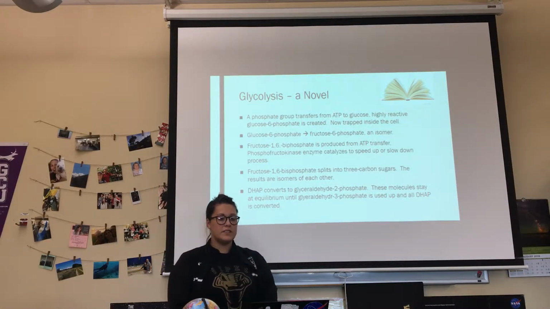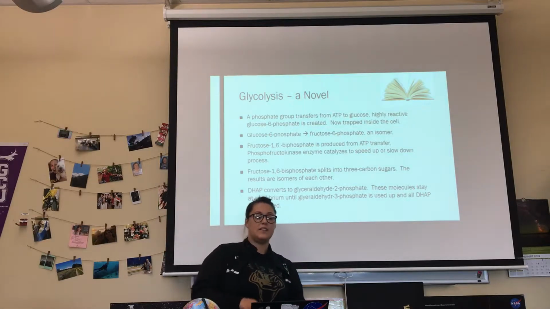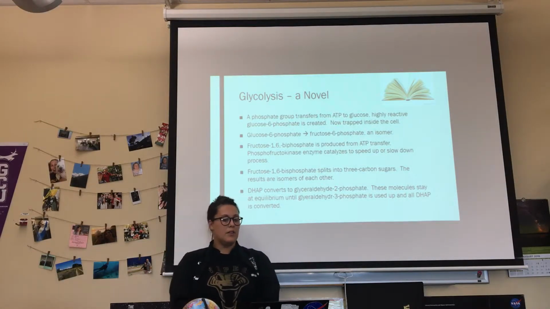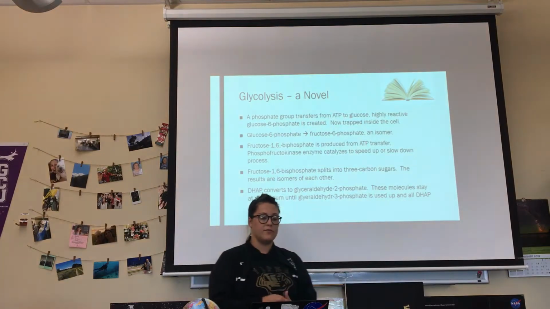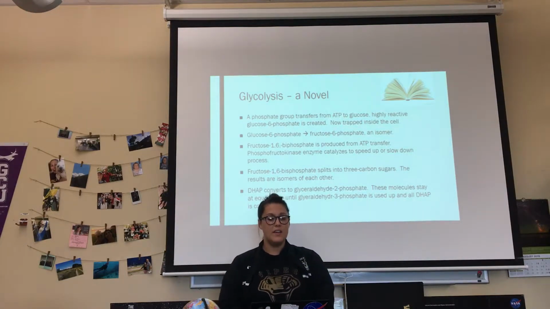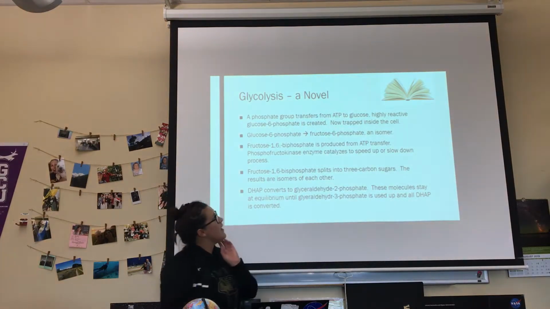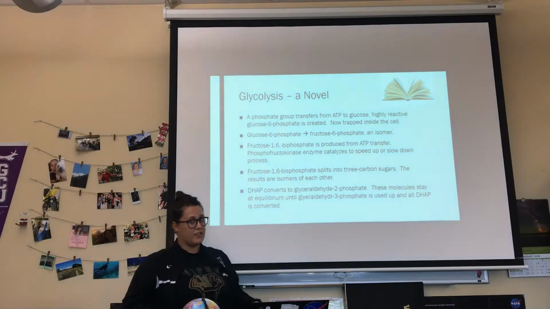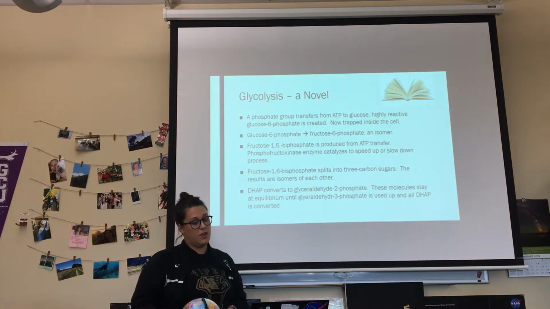Then that glucose 6-phosphate is transformed into fructose 6-phosphate, which is an isomer. So it's a little bit different, but it's very similar in structure and shape. This fructose 6-phosphate is then transformed into fructose 1,6-bisphosphate, and it is produced from ATP transfer. So we go from fructose 6-phosphate to bisphosphate, with bi meaning 2, because ATP gives off a phosphate.